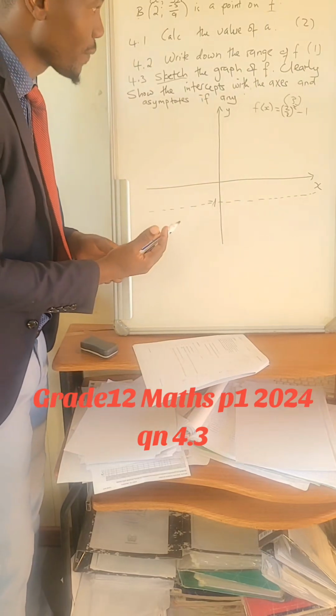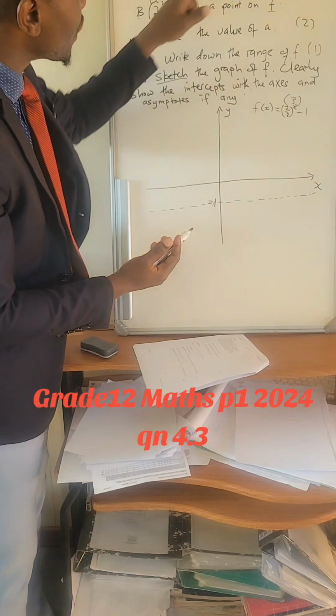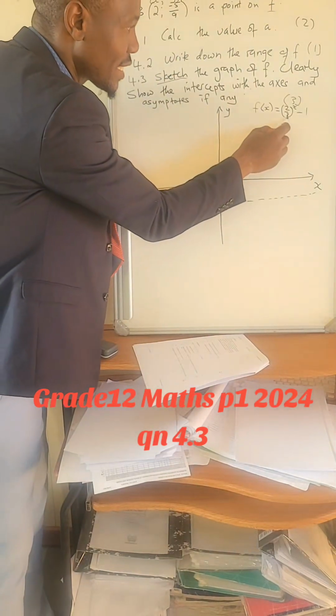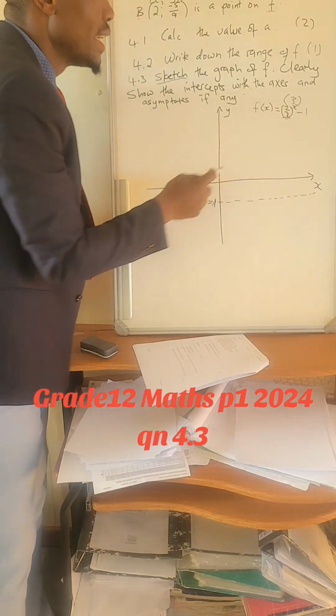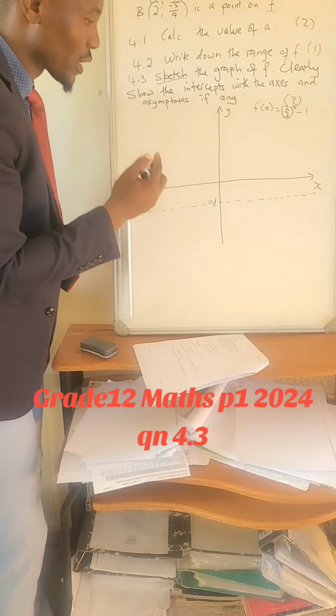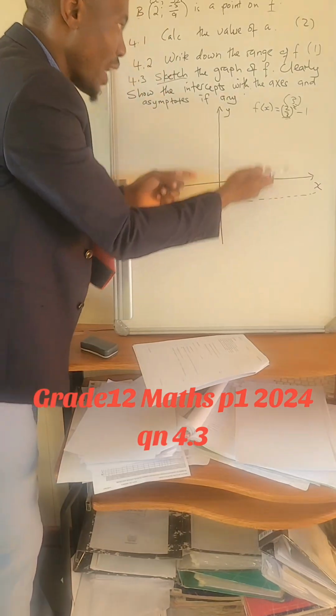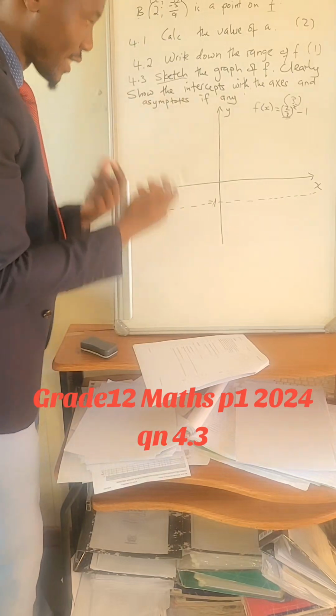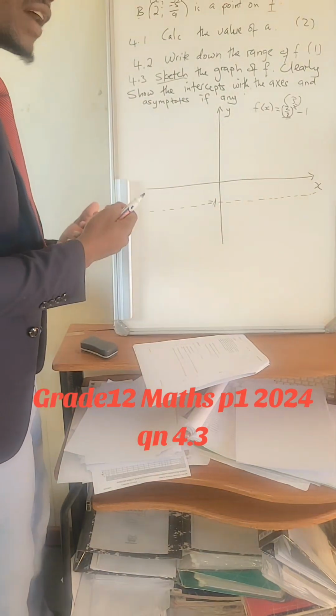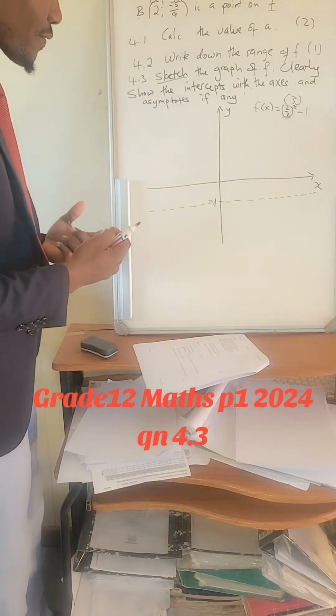I'm repeating that one. If the value of a is positive, as it is in this case here, it means that our graph is not supposed to be below the line of asymptote. It must be above the line of asymptote.